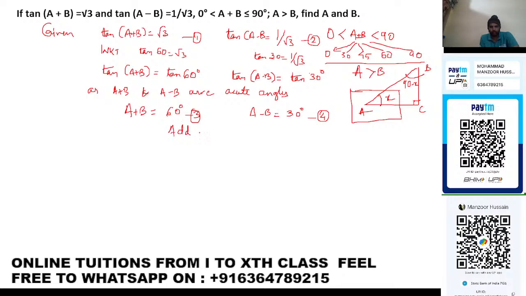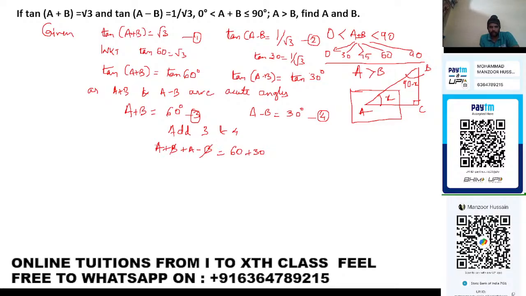Then from 3 and 4, what we can do is add 3 and 4. That gives A plus B plus A minus B is equals to 60 plus 30.